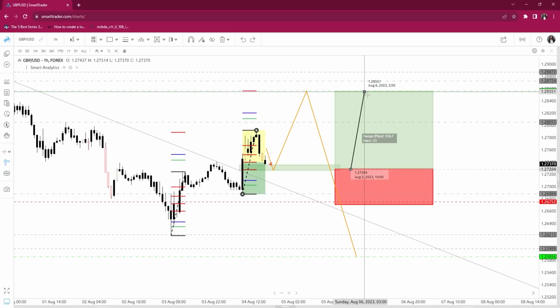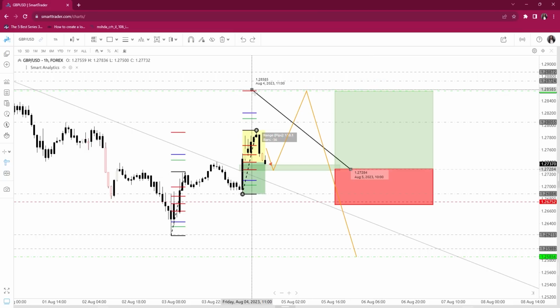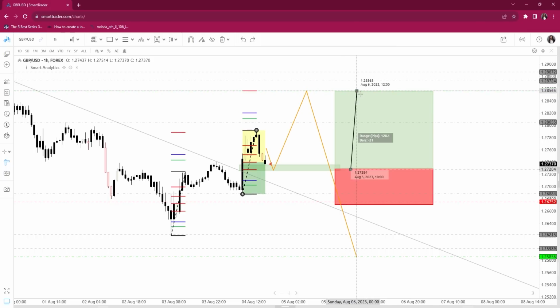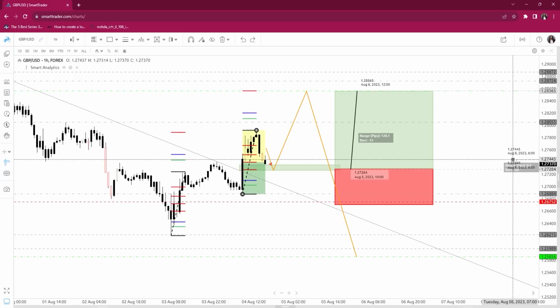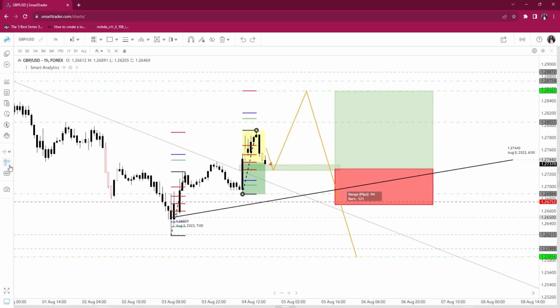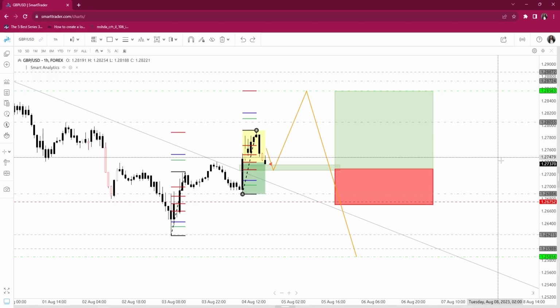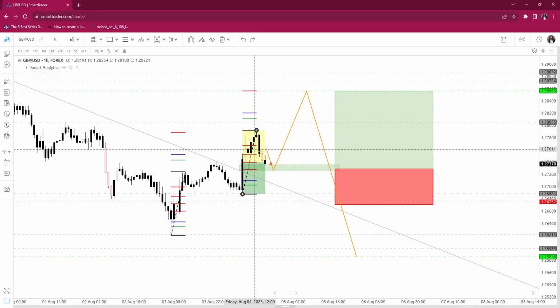If we do get price to pull back to the 618, and price may exceed this D extension and go up here and tap this, but I'm going straight to where we supposed to go. So 128. So you risking 58 pips to gain 128 pips and then look for a potential sell setup. So I'm interested in this. I am very much interested.